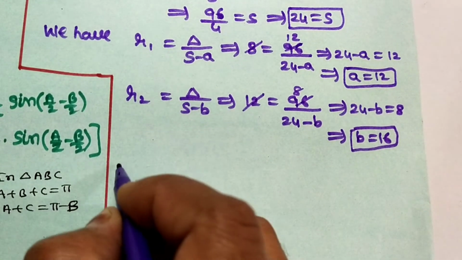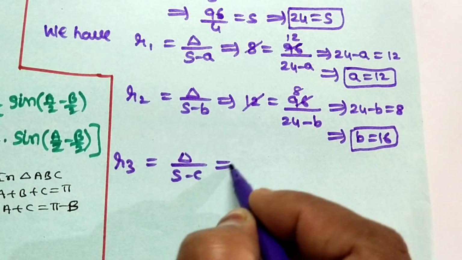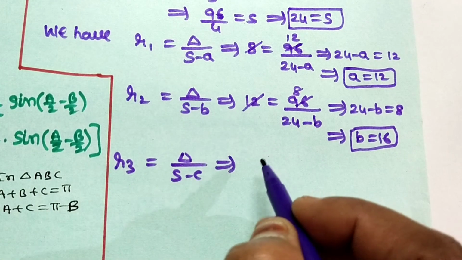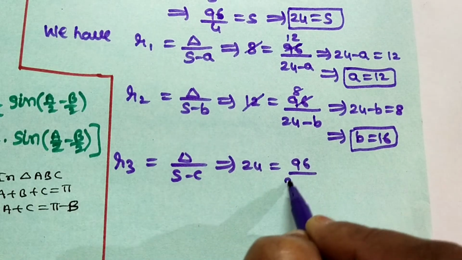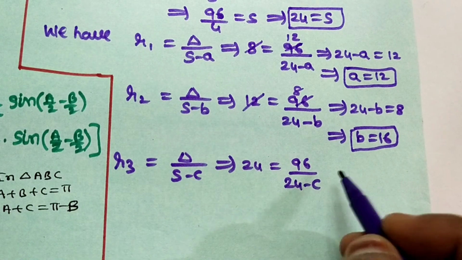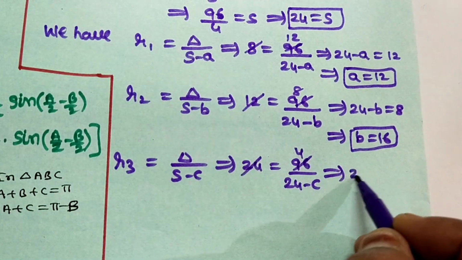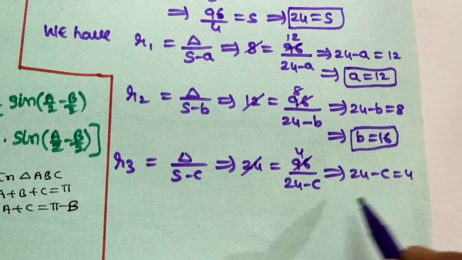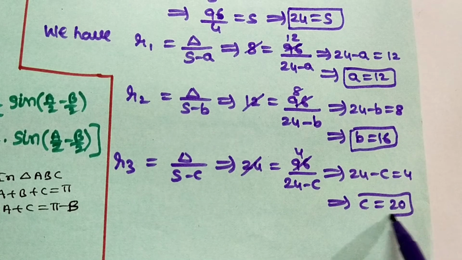Next, R3 equal to delta by S minus C. That implies R3 value is 24. 24 equal to 96 divided by 24 minus C. That implies 24 ones are 24, 4s are 96. So 24 minus C equal to 4. That implies C is equal to 24 minus 4, 20.